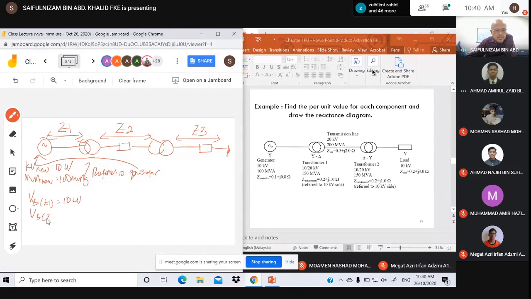VB for zone 2, what is it? 20. How do you get 20? V1 over V2 equals the transformer ratio.